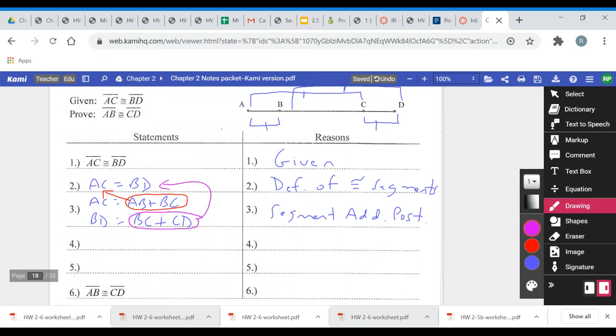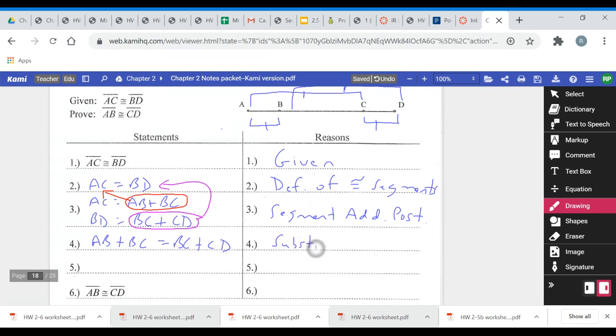So what it looks like on the next line is I could say AB plus BC, okay, because the red just got put into AC, is equal to BC plus CD. So the purple just got put into BD's place. And you're allowed to do that since they're equal. And if you put something into something else's place, again, it's substitution.